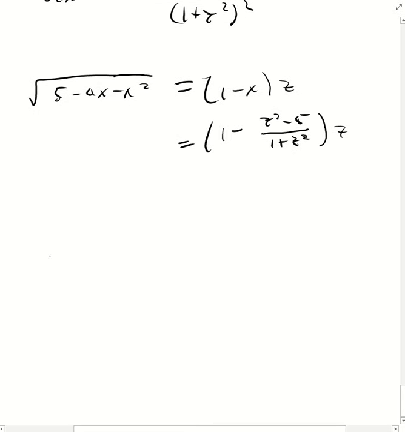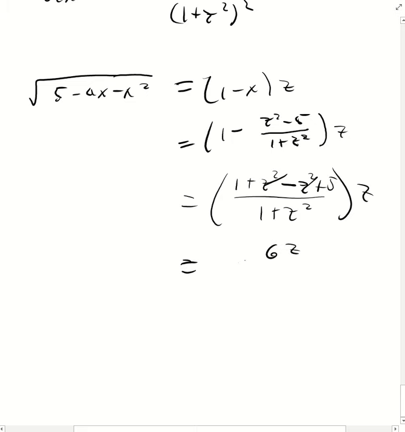Then we can simplify further. This will be 1 plus z squared minus z squared plus 5, times z. So this will cancel out. So we have 1 plus 5 is 6 times z, so this will be 6z over 1 plus z squared.